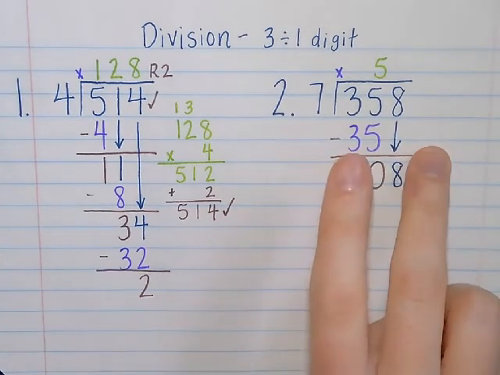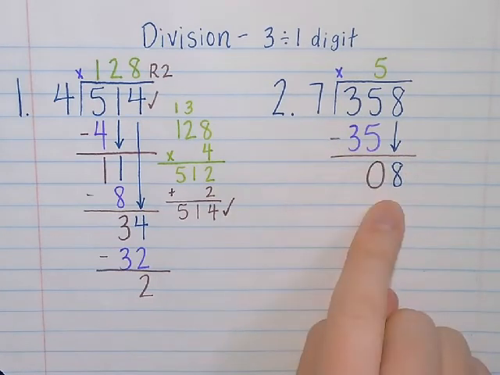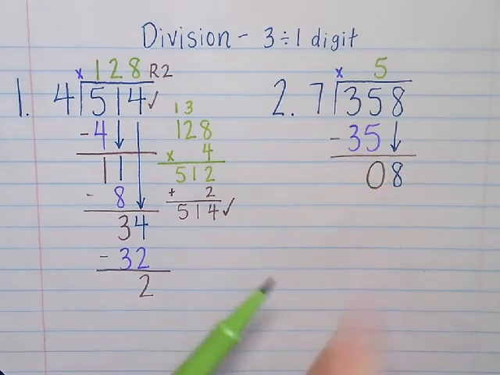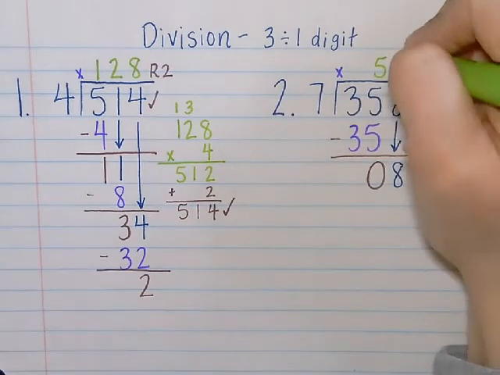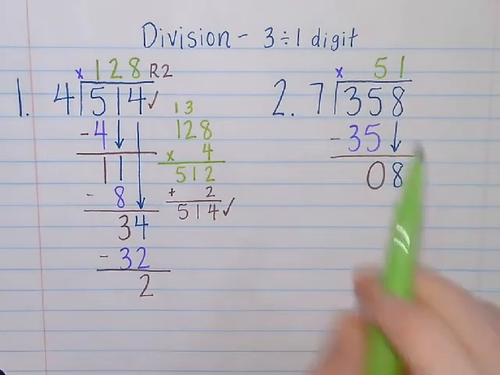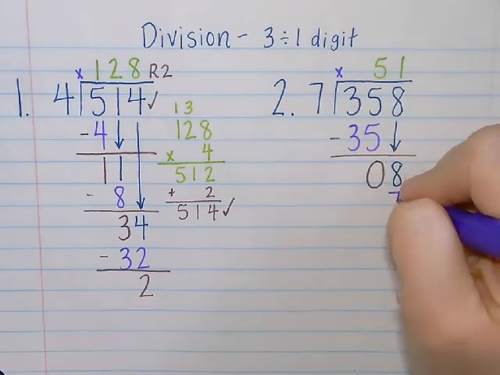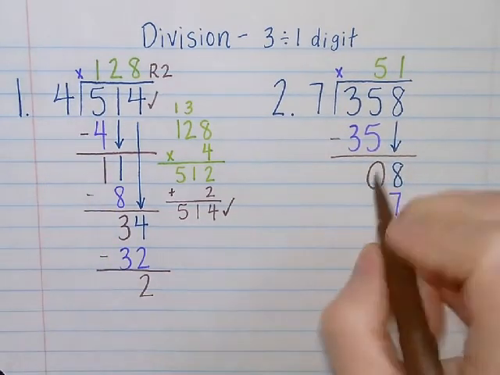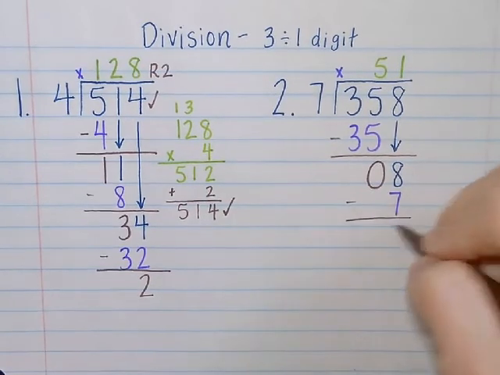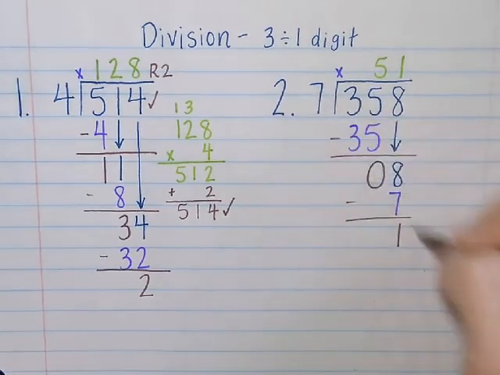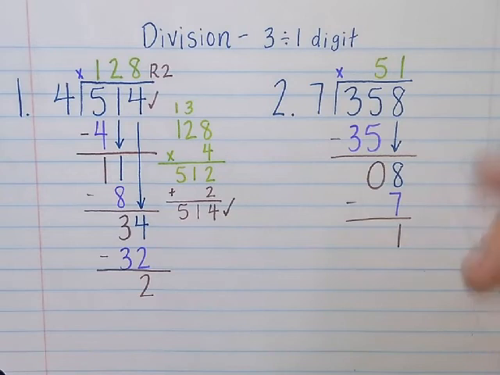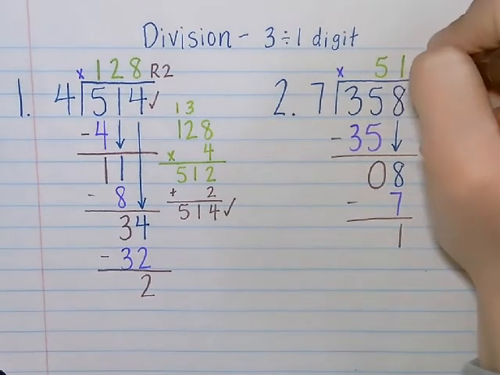So 2 times is too many. So I know that I can make one equal group out of 8. That one goes right above the 8. If I'm checking my math, 7 times 1 is 7. And then 8 minus 7 is 1. 1 is less than 7, but I have nothing else to bring down, so that is my remainder.